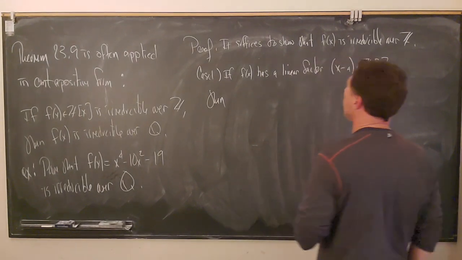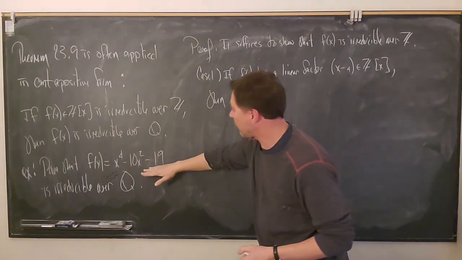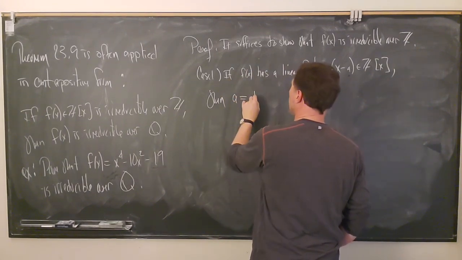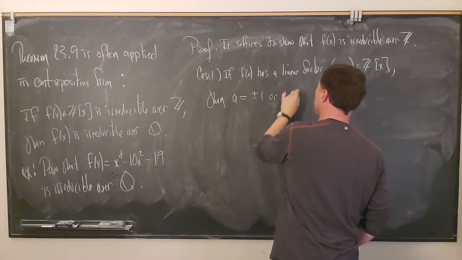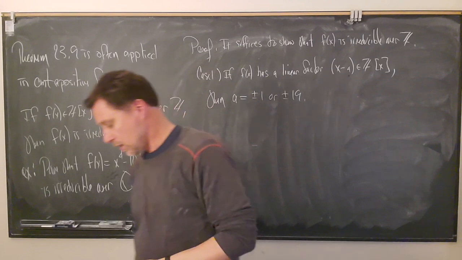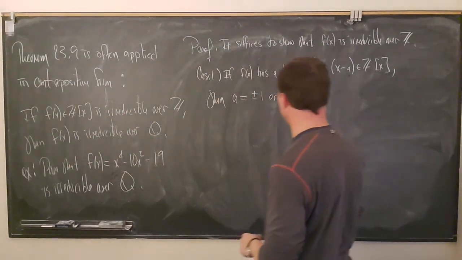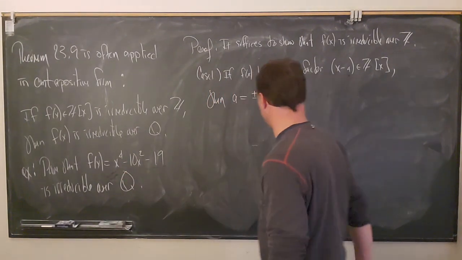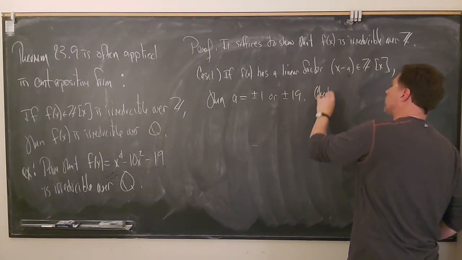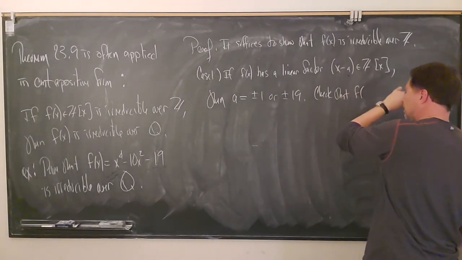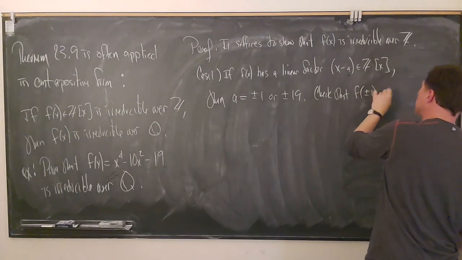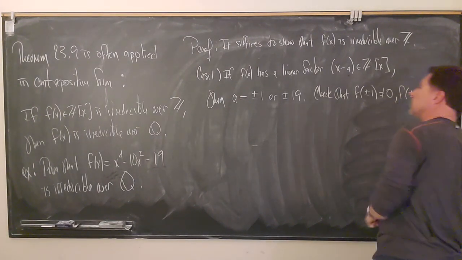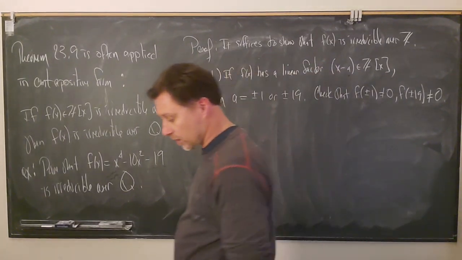Then our root divides negative 19, so a would have to equal plus or minus 1 or plus or minus 19. If you plug plus or minus 1 in here, you definitely don't get 0. Same thing if you plug in plus or minus 19. So you can just check that f of plus or minus 1 is not equal to 0, and f of plus or minus 19 is not equal to 0 either. Okay, that takes care of the first case.